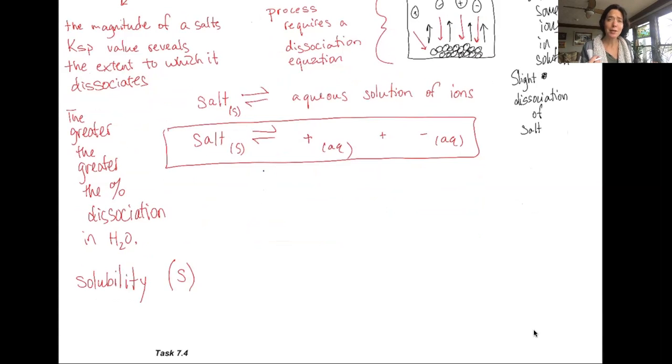You can use X, Y, Z. But typically we use S's, and it helps you to remember that whatever that value is, X is S, S is X. And for KSP problems, it is a solubility. And it is in moles per liter, or sometimes, guys, it's in grams per liter, okay? But in an equilibrium expression, it is concentration in moles per liter.